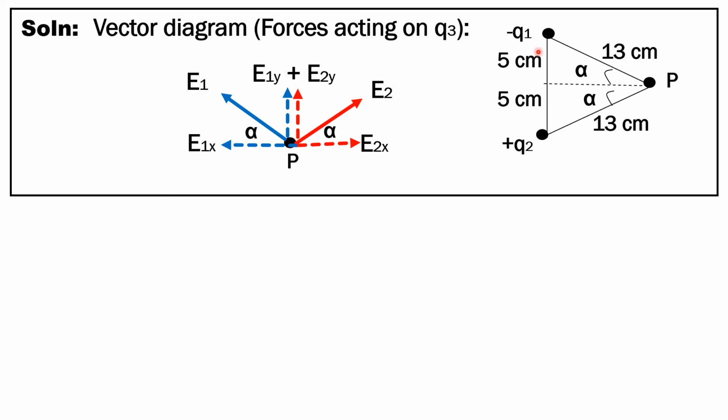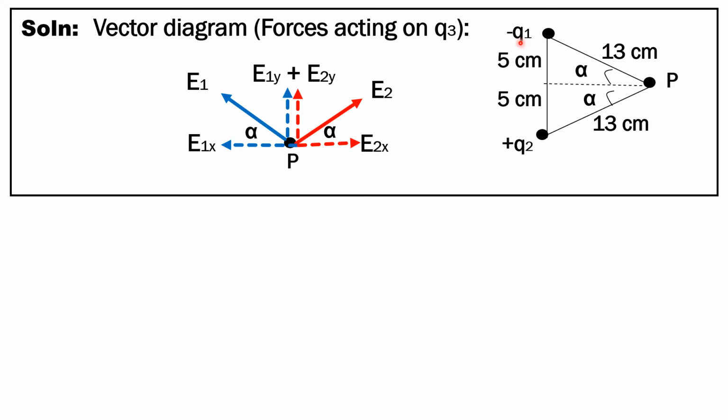It says that the first charge, negative Q1, is located somewhere here. And then 10 centimeters below, we have positive Q2. These are considered the center charges. And at a point P, which is 13 centimeters away from positive Q2 and 13 centimeters also away from negative Q1.